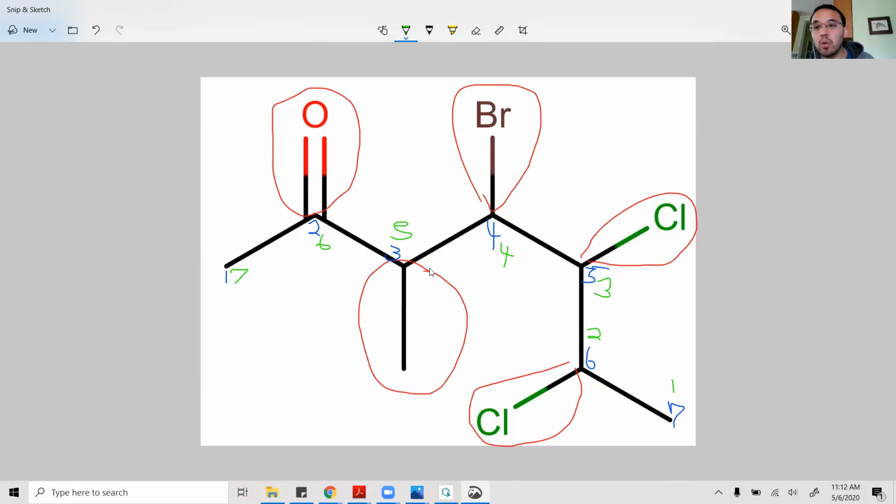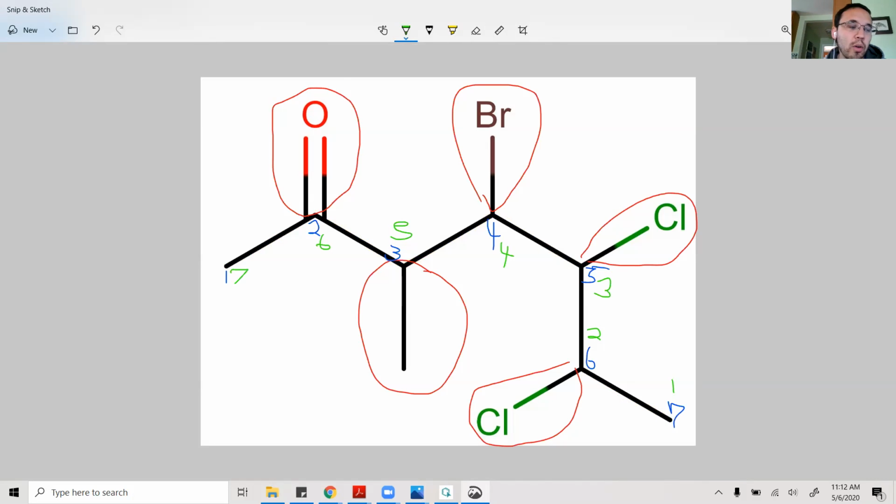Now, those are the only two ways we can number this, right? Because we're on that longest chain, and so we always are going to use the longest chain when we're going through our naming. We can either number it from left to right or from right to left. And so what we wanted to look at is where our numbers start from.